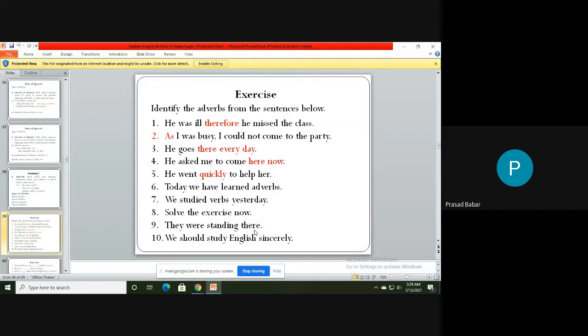There. Adverb of place. Very right. So the 10th example, we should study English sincerely. Identify the adverb in the sentence. It will be sincerely. And what will be its type? Sincerely, manner, adverb of manner. Very easy.